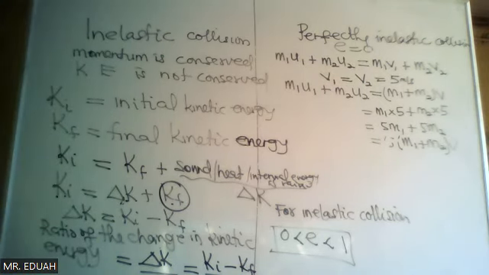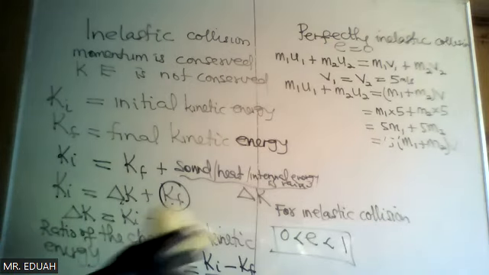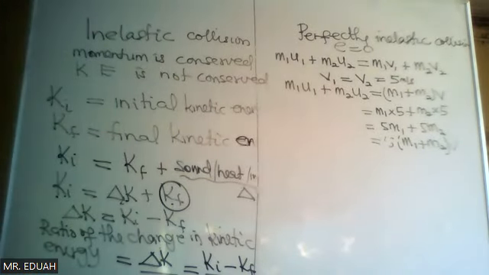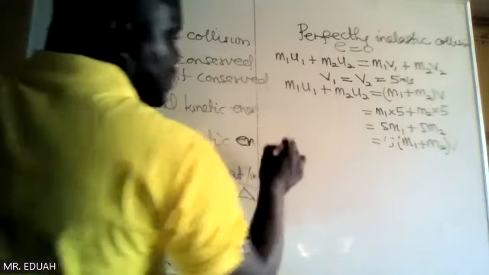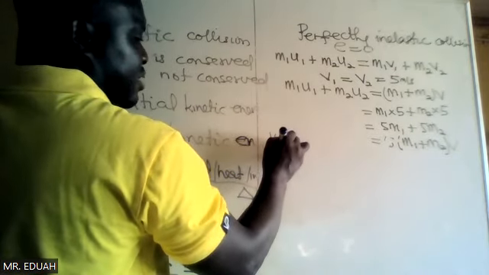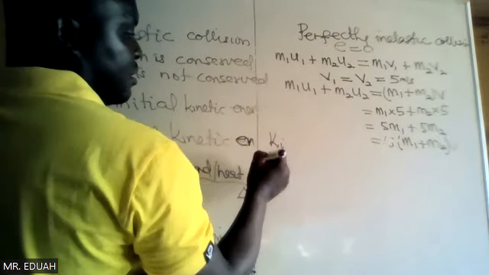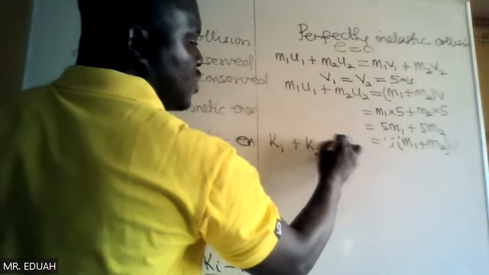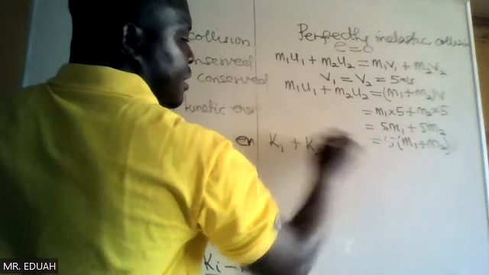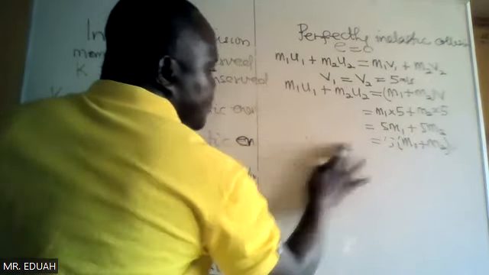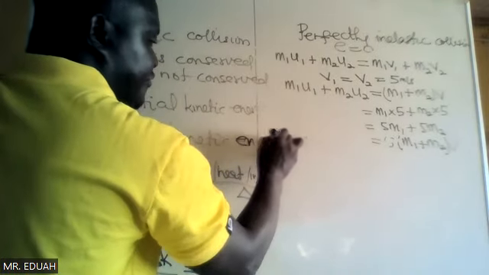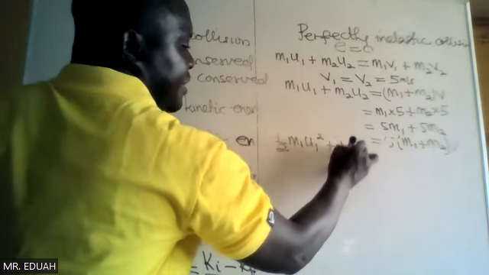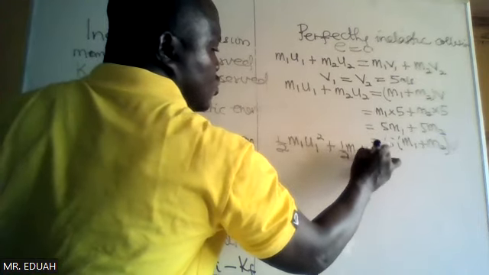Now, if they are moving with a common velocity after the collision, then for a perfectly inelastic collision, we can also say that the kinetic energy of 1 plus the kinetic energy of 2 is also equal to, let me write it in terms of formula, half m1 u1 squared plus half m2 u2 squared.